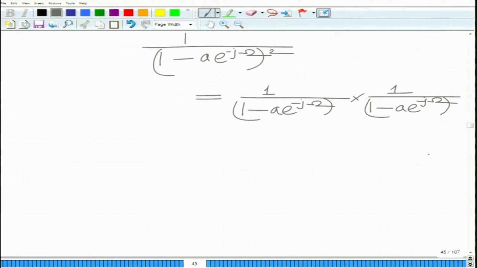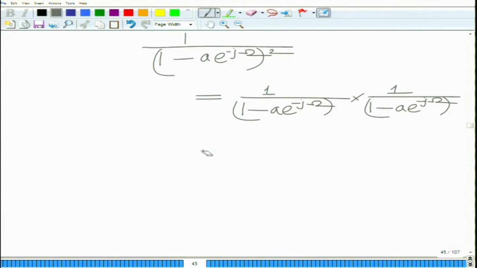Now, this is basically a multiplication in the Fourier domain, the DTFT domain, which means it must be the convolution of the corresponding inverse DTFTs, the corresponding time domain signals.